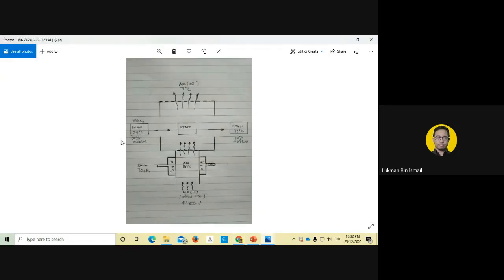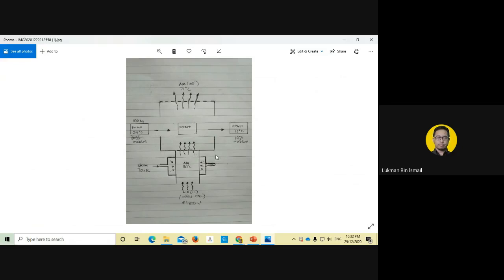Okay, very nice diagram. So you have potato going inside into the dryer. The hot air is coming in at 80 degrees Celsius, coming out at 71 degrees Celsius. So the potato is at the temperature of 71 degrees Celsius with 10% moisture from initial moisture content of 80%.